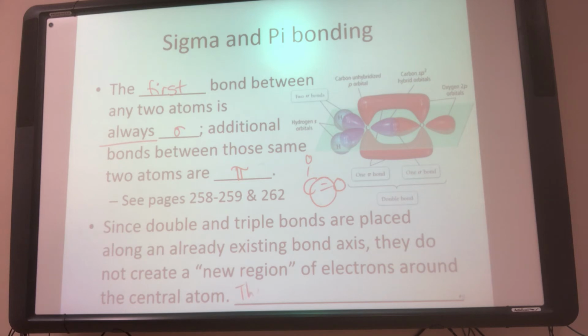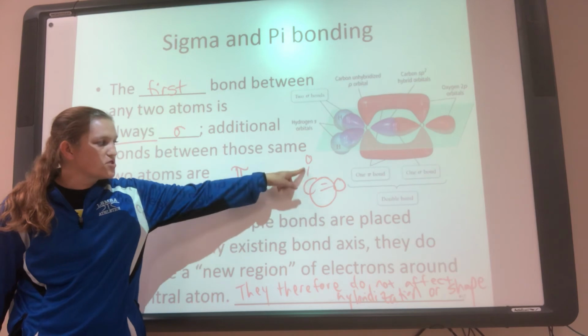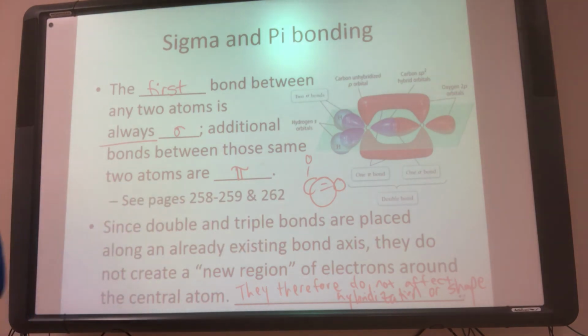So they, therefore, do not affect hybridization or shape. So this is why we count a double bond or even a triple bond as one electron group, just like if it were a single bond, because it's not adding any new electron regions.